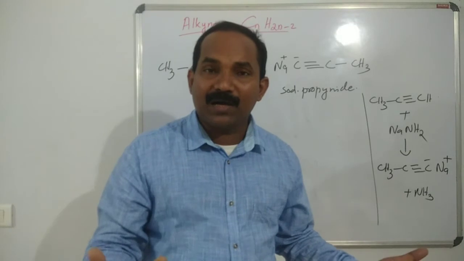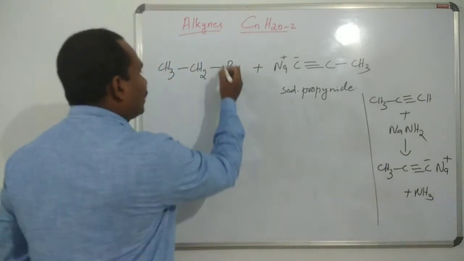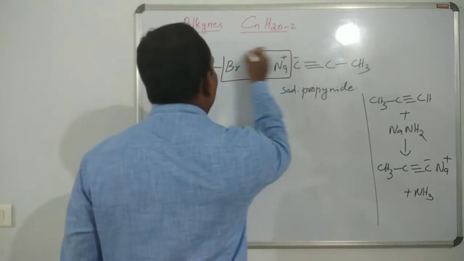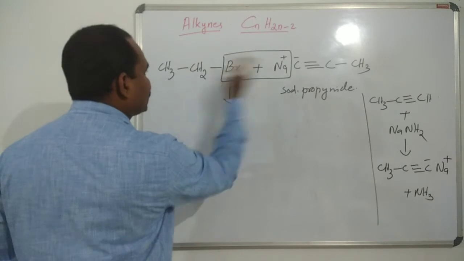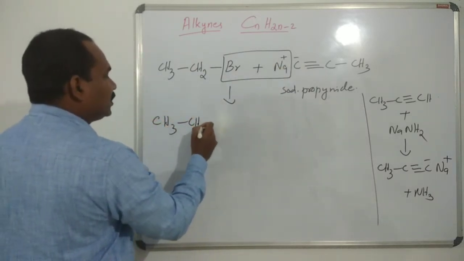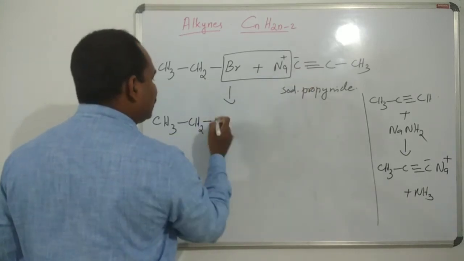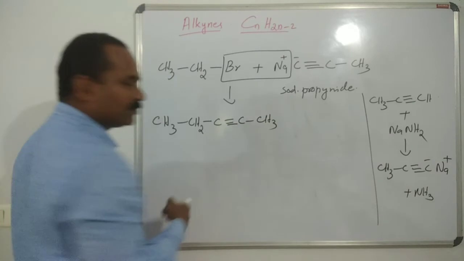Anyway, it is from the alkyl halide. And what happens is the bromine and the sodium combine. We get CH3 CH2 then C triple bond C CH3.